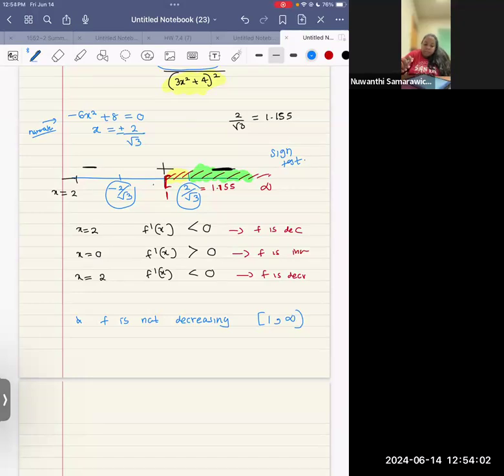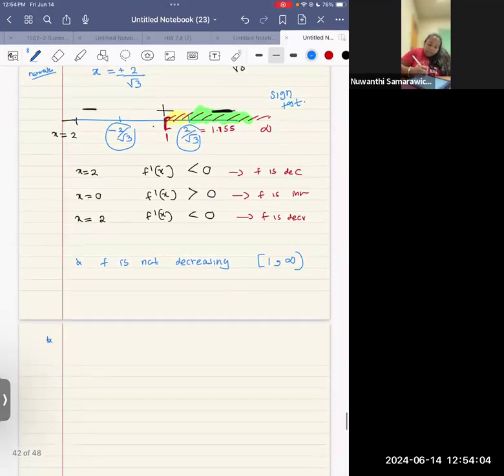But also remember, in sequences, n is positive integers. In sequences, we mentioned it's very important: n is positive integers, okay?